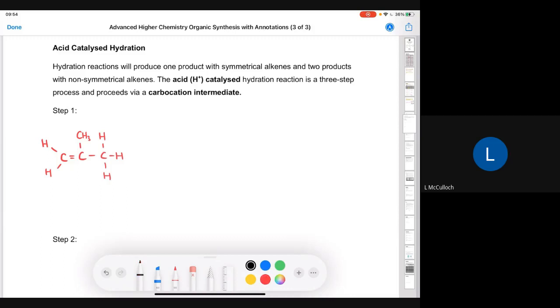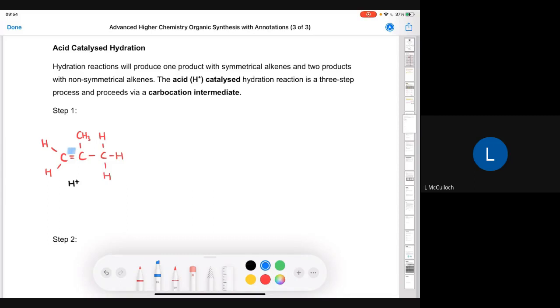And the first step in this reaction involves the H plus catalyst. So I'm going to draw in my H plus ion as well. So what will happen here is the electrons in the pi bond. Now remember, in a carbon-to-carbon double bond, you've got one sigma bond, an end-on overlap, and one pi bond, which is a sideways overlap.